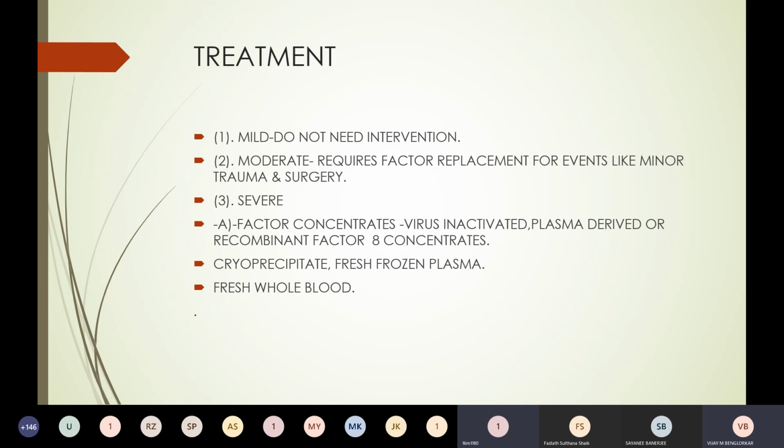We can use cryoprecipitate, fresh frozen plasma, or if it is not available, we can use fresh whole blood. Anything derived from the blood: fresh whole blood, cryoprecipitate, or fresh frozen plasma.